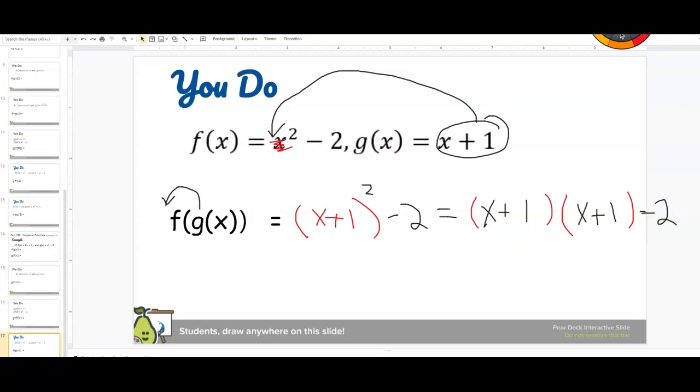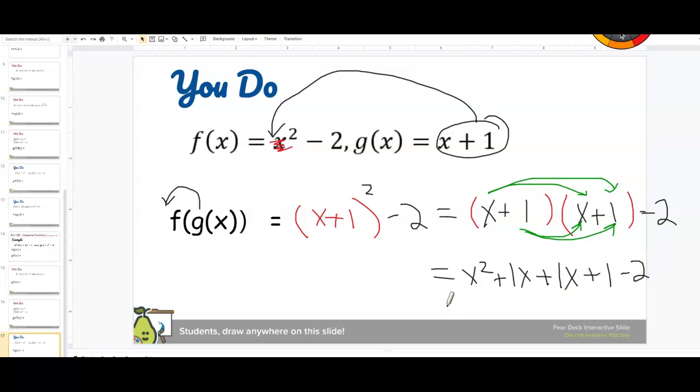Okay? And then keep getting rid of the parentheses by multiplication 4 times. X times x, x squared, x times 1, positive 1x, 1 times x, positive 1x, 1 times 1, positive 1. And bring down the minus 2 on the back. And finally, combine like terms. X squared, nothing you can do, copy it down, and it's gone.